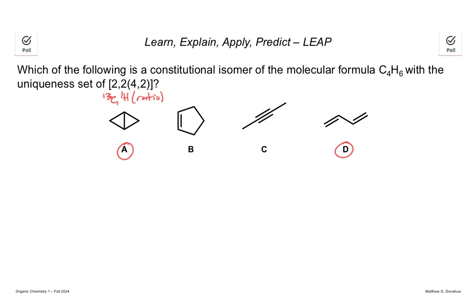So in that case, since they have the same uniqueness with the same molecular formula, ultimately, if you were to increase your confidence towards one or the other, you'd have to look at the specific data. And that's going to help us.